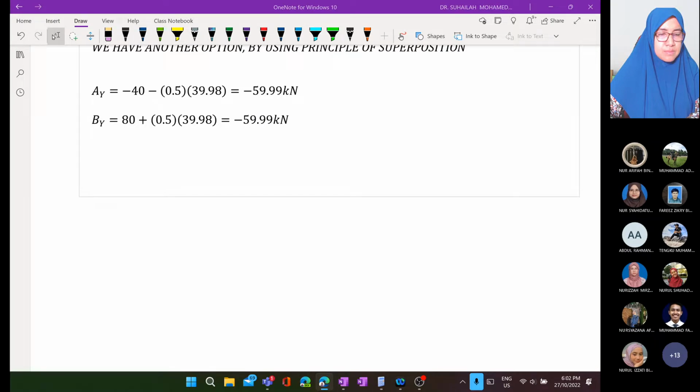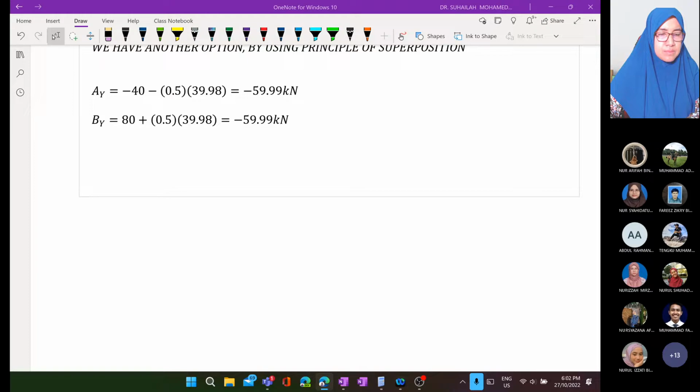Which one is simpler, using superposition or the equilibrium equation? What is the answer? Superposition. Superposition, 99.99. Yes.